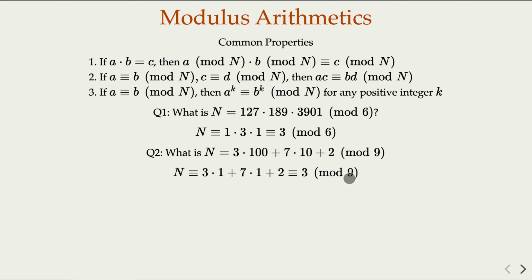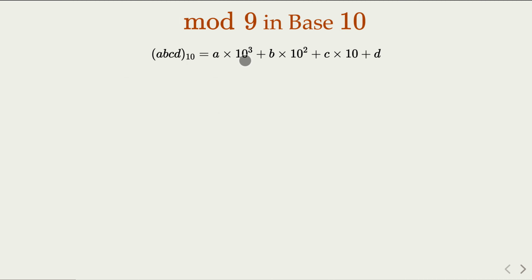Now, this is actually a commonly used rule to check if a number in base 10 is divisible by 9 or not. You simply add the individual digits. Okay? So, mod 9 in base 10. All the numbers in base 10, since 10 raised to any power is congruent to 1 in mod 9. So when you calculate mod 9, you can just replace this with 1, with 1, with 1.